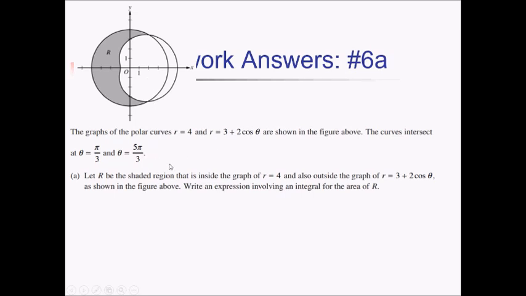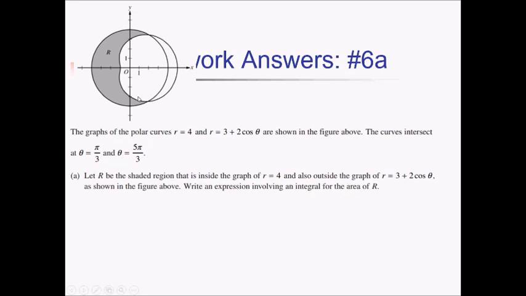Okay, so R is our shaded region, and it's inside r equals 4, outside 3 plus 2 cosine of theta. We want to have an expression involving an integral for the area of R. So we don't actually have to find the area, but we do need to set up an integral to solve that problem.